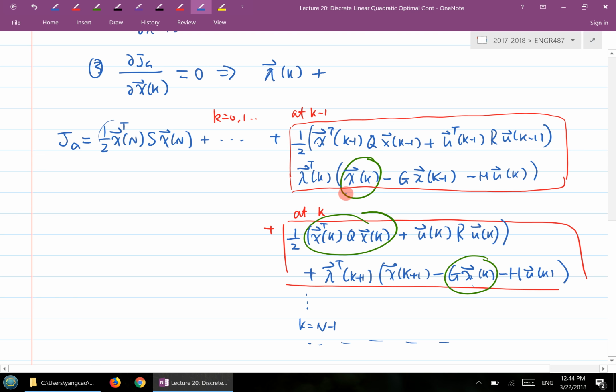Second here, let's just double check. Sure. So, sign difference over here.